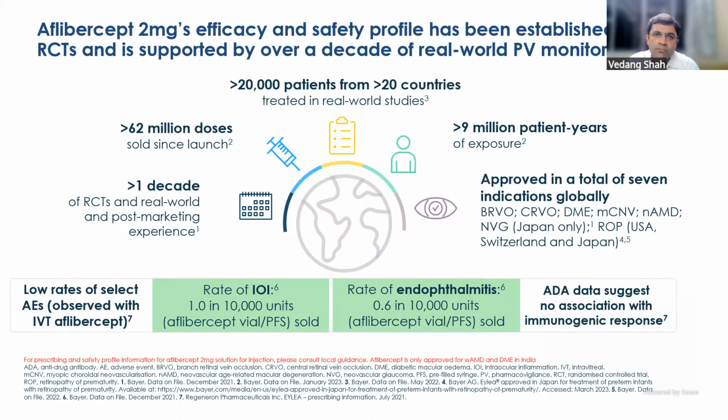More than 20,000 patients from 20 countries in real-world studies highlight the use of aflibercept and give us a very positive impact. And the most important thing to note is that the inflammatory component, the IOI, with aflibercept is much lower compared to the newer molecules available in the market now.